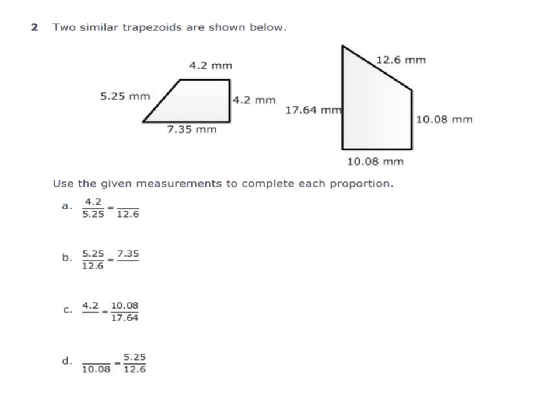Okay, everybody, I really want to take a look at problem number 2 as well. Same identical problem as 1. The only thing here is they ask us to complete the proportions, not necessarily both, but what they're telling us is let's use what we have and fill in the missing number.